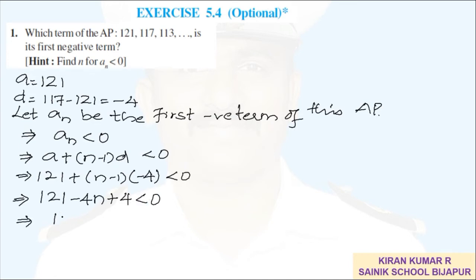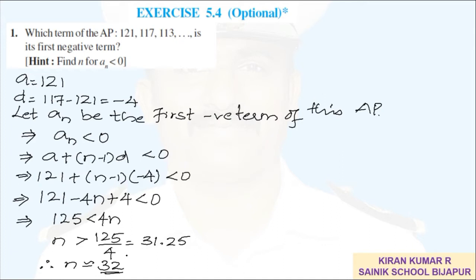This implies 125 is less than 4n, or else n is greater than 125 by 4. The approximate value is 32 because we get 31.25. Therefore, n value is approximately equal to 32.